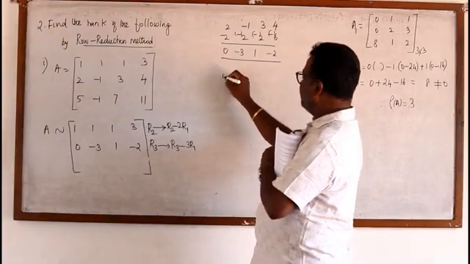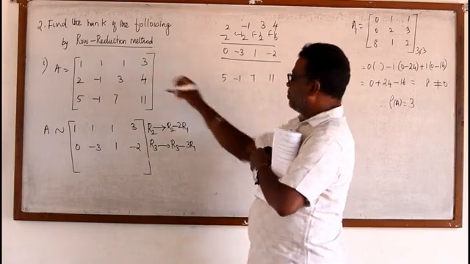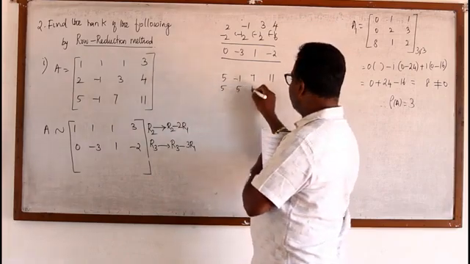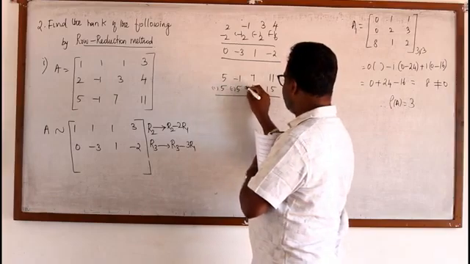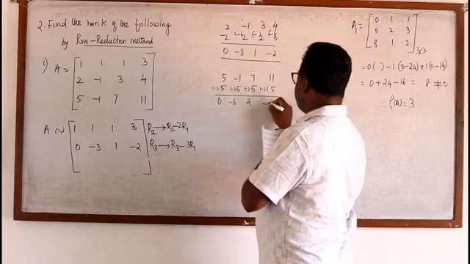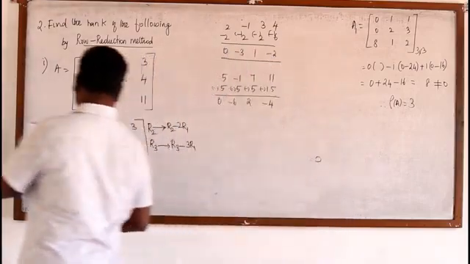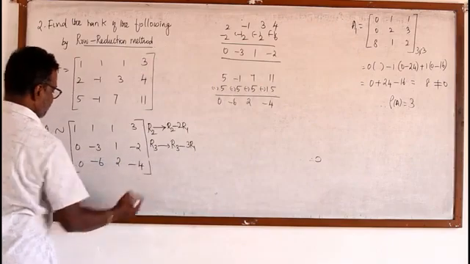What is R3? 5, -1, 7, 11. Now multiply the first row by 5: 5, 5, 5, 15. Change the sign. It is 0, -6, 2, -4. So it is 0, -6, 2, -4.